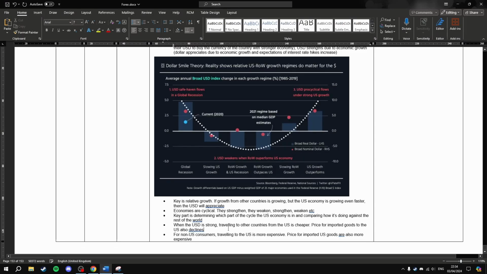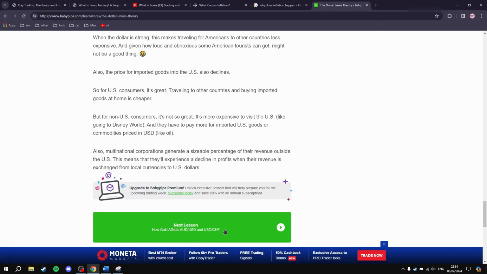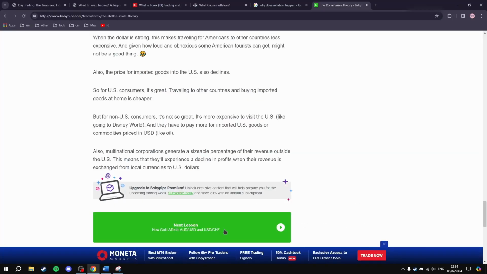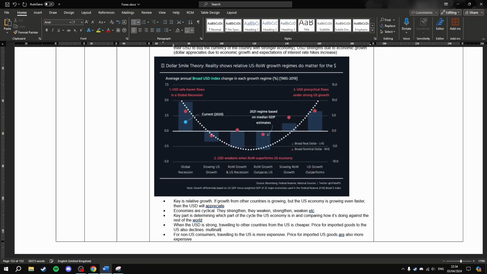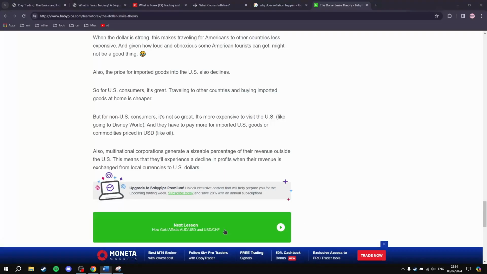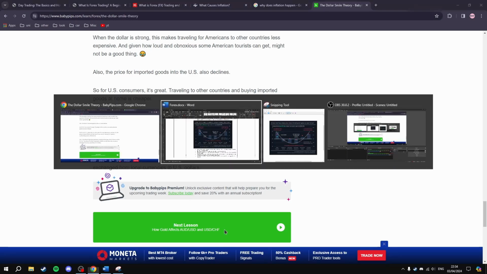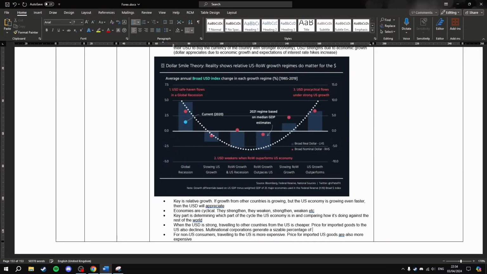So multinational corporations generate a sizable percentage of their revenue outside of the US.